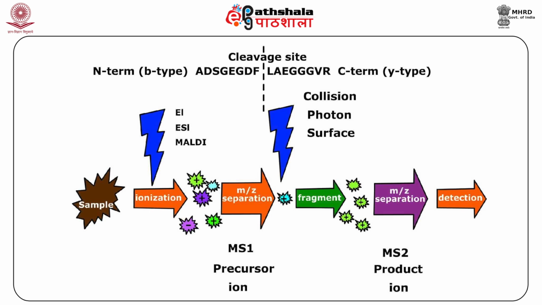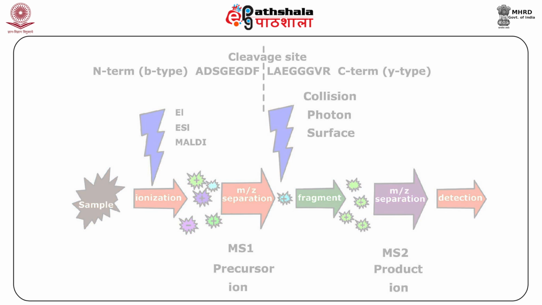The selected peptide from MS1, when passed through a collision cell, is cleaved and generates N-terminal peptides and C-terminal peptides as indicated. A random sequence, AD to VR, is broken to give an N-terminal B-type peptide and a Y-type peptide, which is the C-terminal peptide.